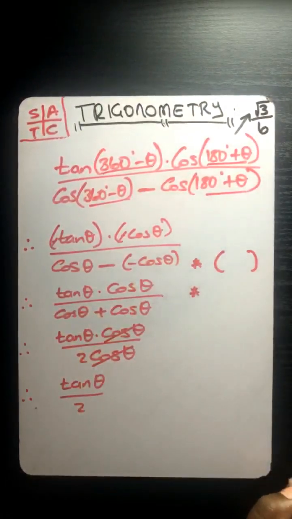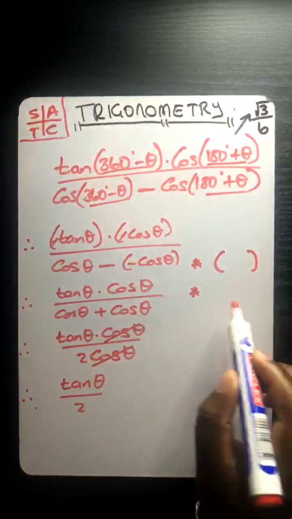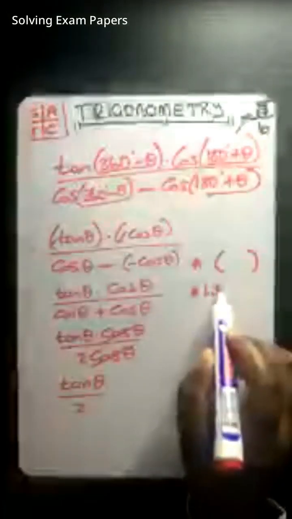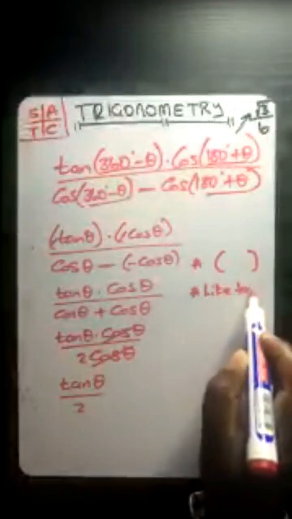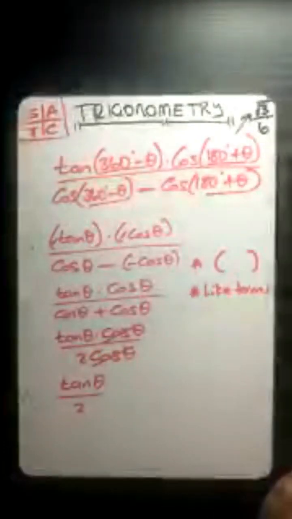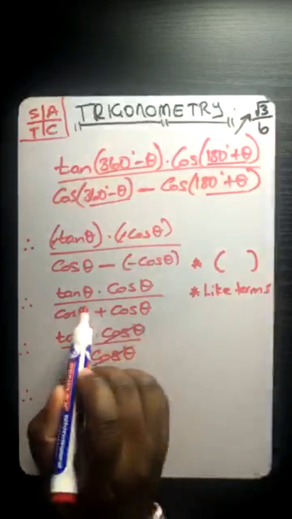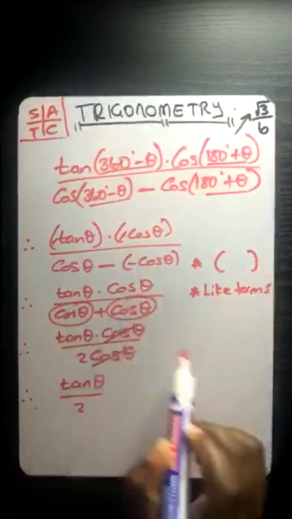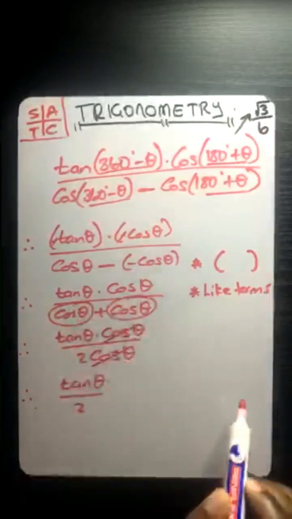Then from there, you can deal with like terms. By like terms, the Chumis, you are simply saying, if you have cos and cos, then work them out together.